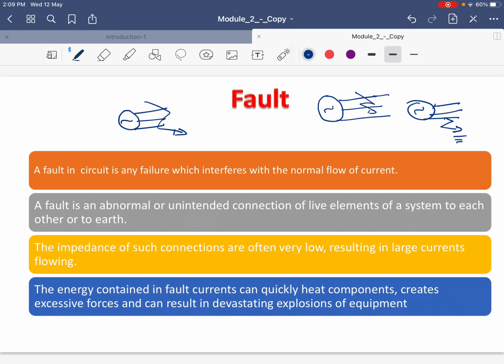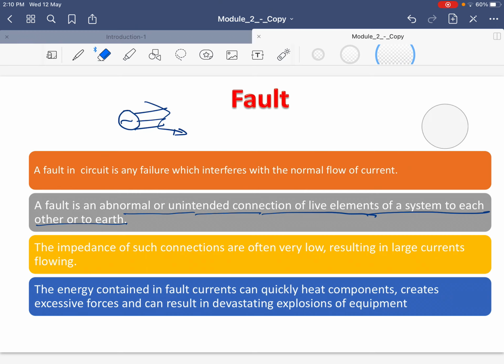Either it may be a line to line fault, a line to ground fault, a double line to ground fault, or a three phase to ground fault. These are the different types of possible faults that occur in the system.